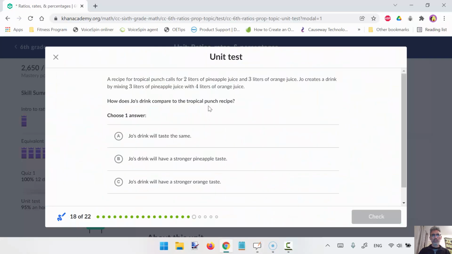So Joe's drink will have a stronger pineapple taste. Yes.